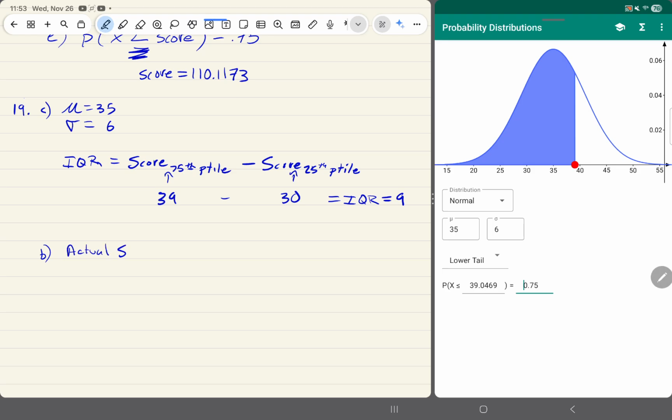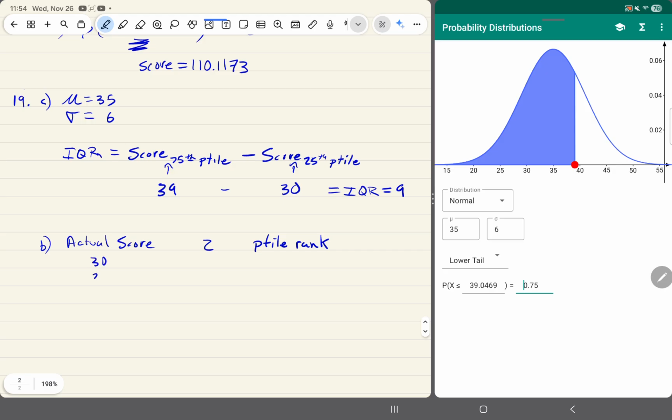Actual score, z-value, and the percentile rank. Remember, the percentile rank is the percentile value of a given score. So that's what we need to compute, the percentile value, a probability value, a proportion value for that particular score. So let's take the first one.